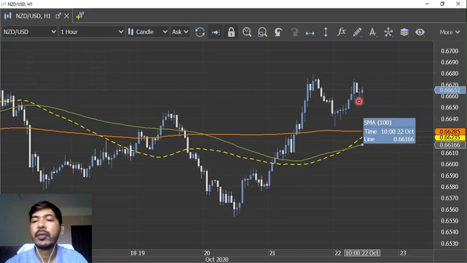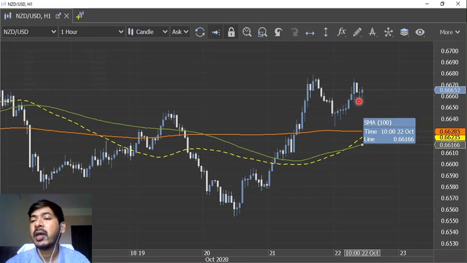We have the price action around 0.6665, so we need the correction of around 30-35 pips from the current level for the NZD USD to get closer to our desired entry point, and then only I think we will be in position to optimize the entry and exit.